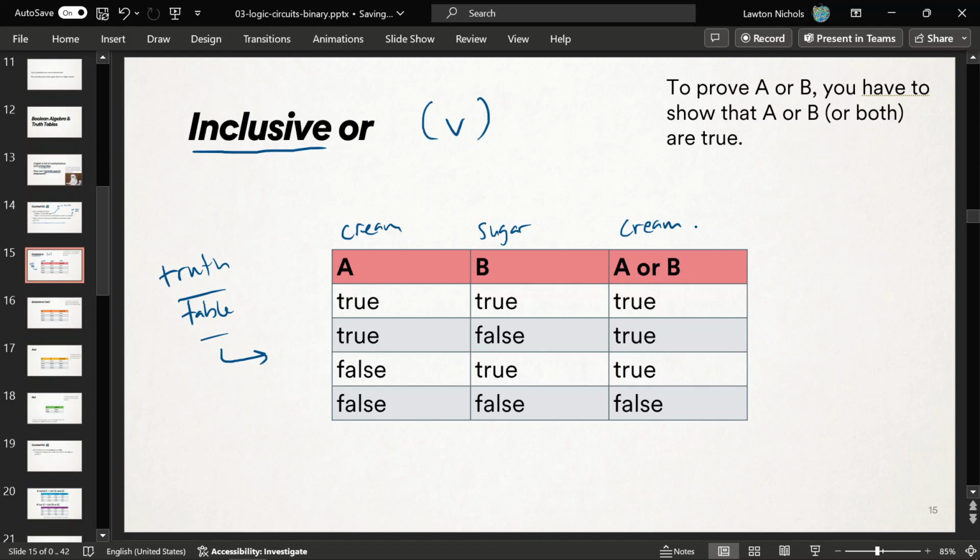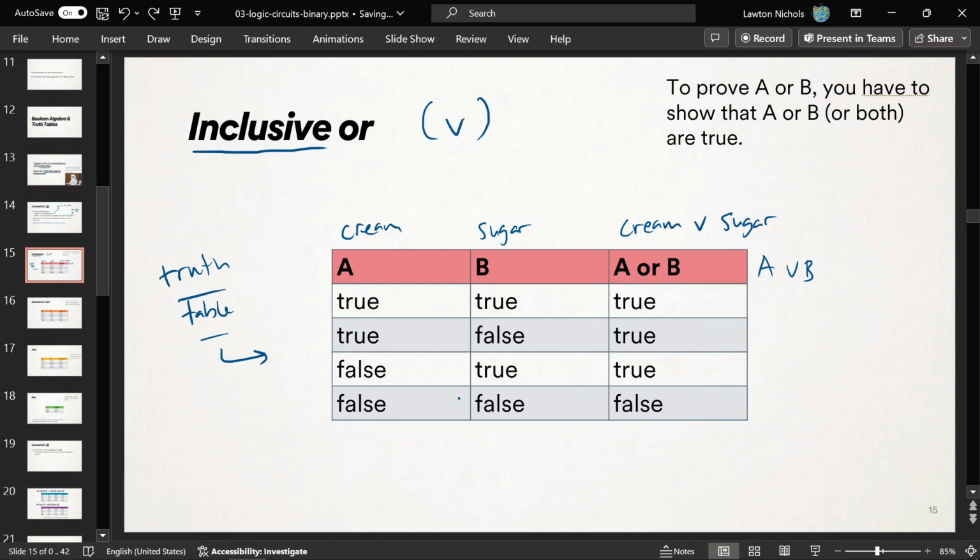Cream ORed with sugar, idea A ORed with B. So you can OR together two ideas, and each of those individual ideas can either be true or false. They can both be true. It could be true false, false true, false false, and then their or, the resulting thing, is either true or false.